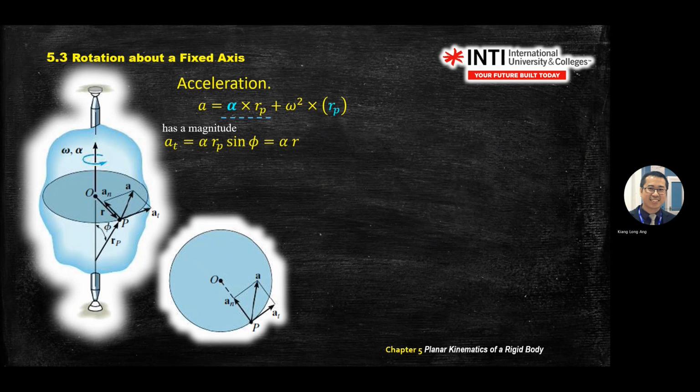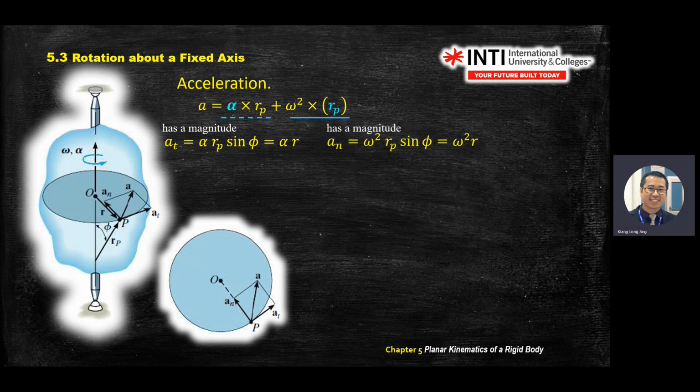So alpha t is what we derived just now. To find the tangent acceleration, you take alpha r or r_P sine theta here. And for n equal to omega square r, just now we derived already.